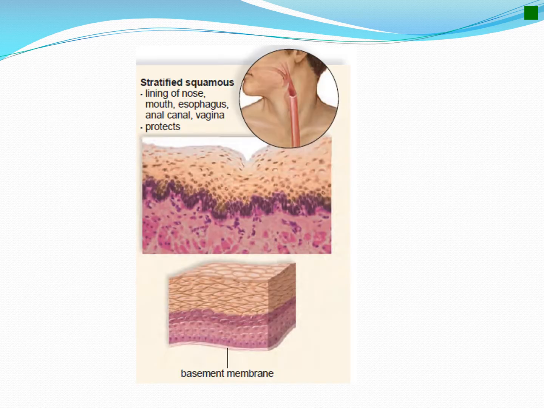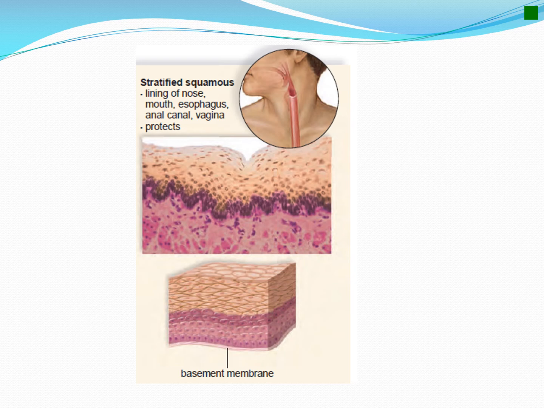This diagram shows a stratified epithelial tissue or a stratified epithelium. As you can see, it is made of many layers of cells. One thing you should principally notice is that all cells do not present the same shape. Some cells are flat, others are cuboidal.